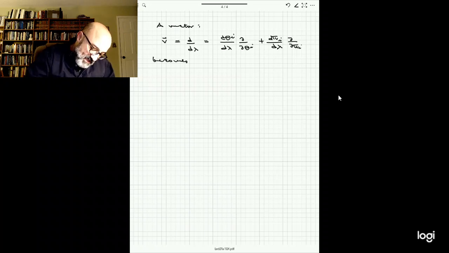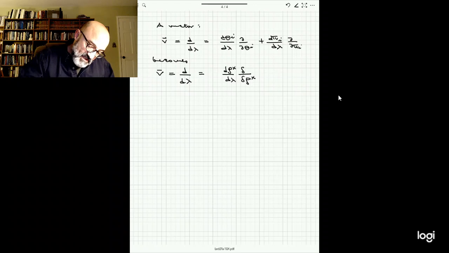Now, in the continuous case, a vector is still a curve on this funny space, and it's parameterized by lambda. And so now what we're going to have is d rho x d lambda, plus d pi x d lambda, and the basis vector is this functional derivative with respect to x.